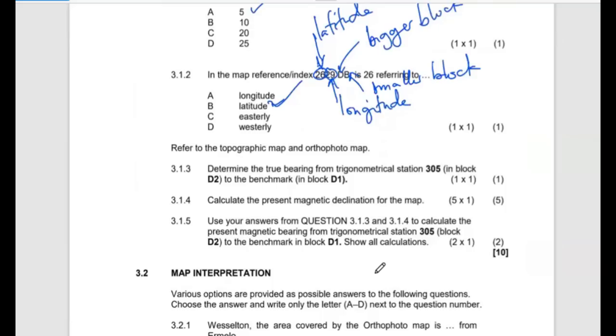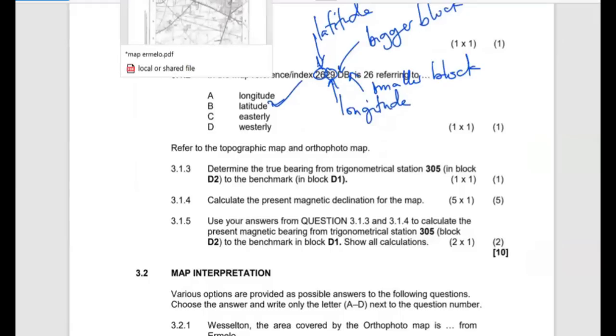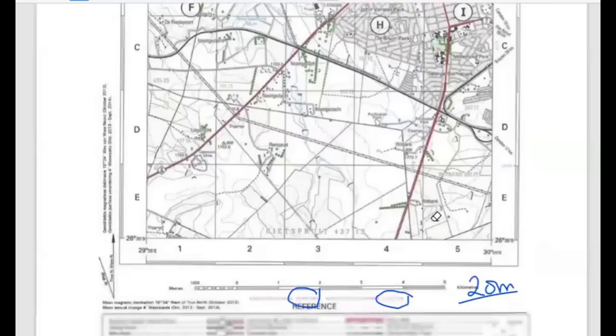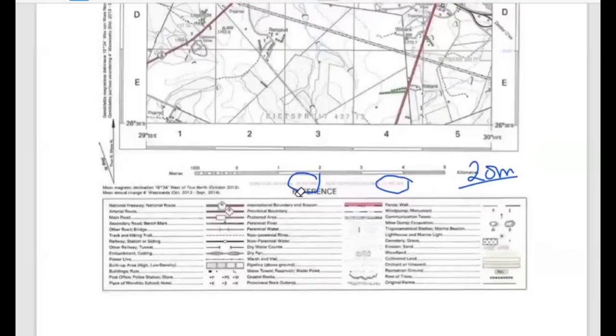Right, when you check the map information for you to calculate the magnetic declination, you are supposed to use the information provided on the map. Right, we go to the map and try to find out so that we are able to get the current declination. If you check, the information is provided here that you are supposed to use.